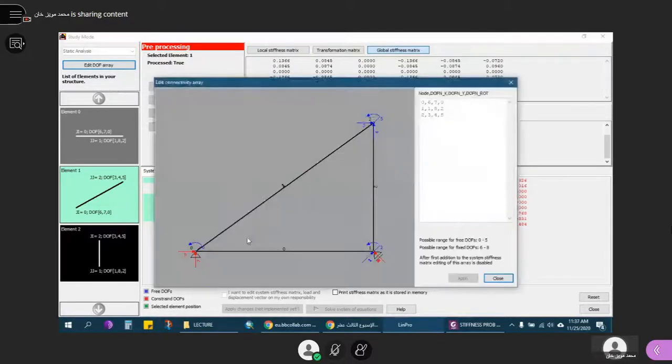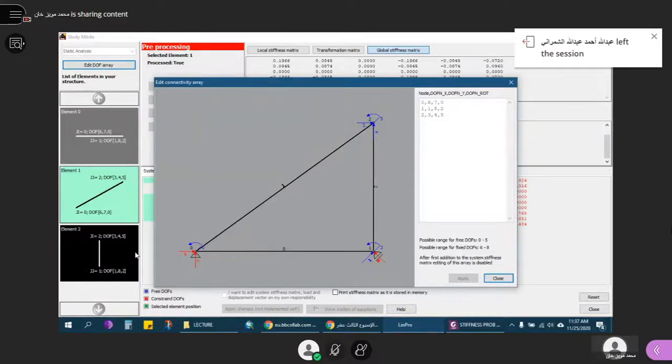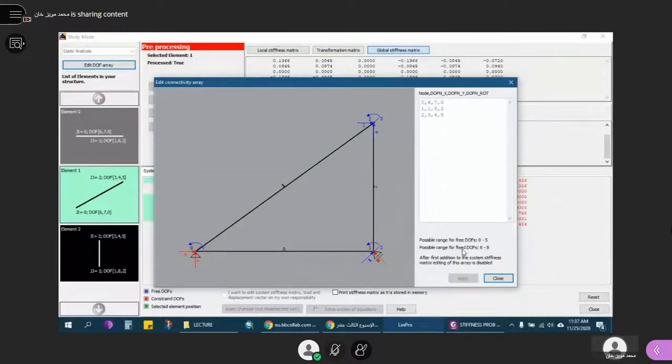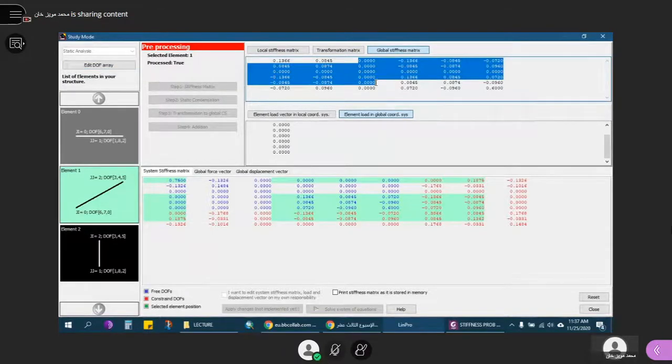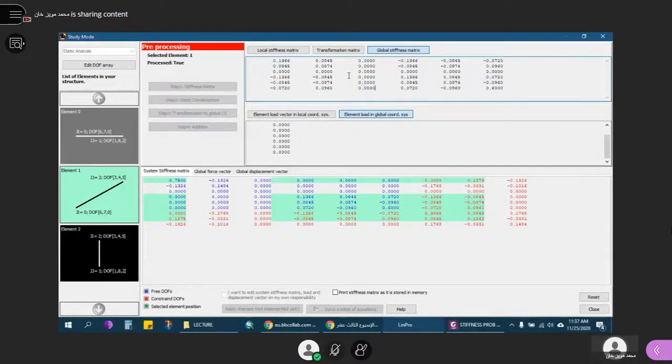You can just reassign the numbers, but it is better to keep it as it is, because there is a condition that the range of free degrees of freedom is 0 to 5 and for fixed it is 6 to 8. So you cannot remove the degree of freedom from LinPro. What you need to do is just remove the particular row and column and extract the local stiffness matrix if you need.